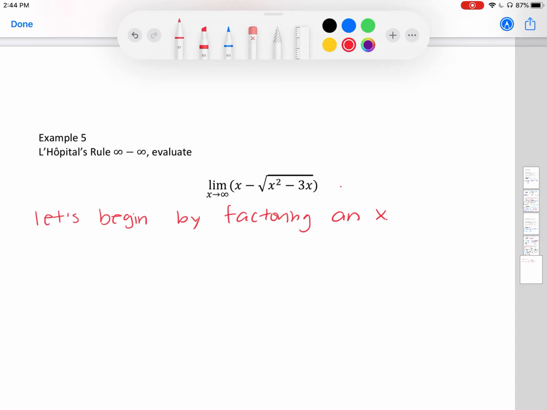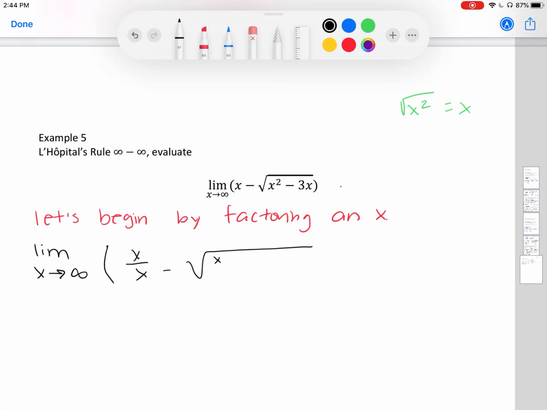Okay, if we divide everything by an x, we're left with the limit as x approaches infinity of x divided by x minus the square root of... Now, keep this in mind. The square root of x squared is x, right? So if I'm dividing by x on the outside, then inside the radical, I'm dividing by x squared.